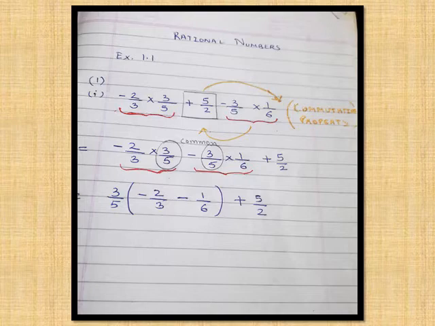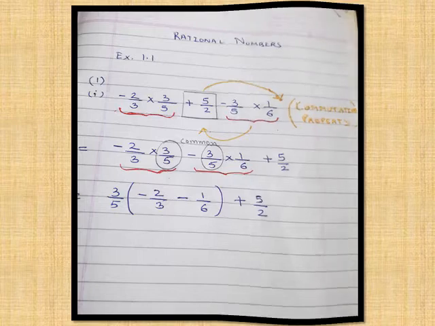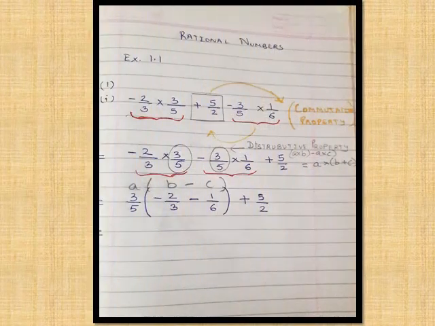Now we will use the distributive property to bring the first part of the distributive property, that is A bracket B minus C. Since 3 upon 5 is also common, we take it out. So you see here distributive property is explained.